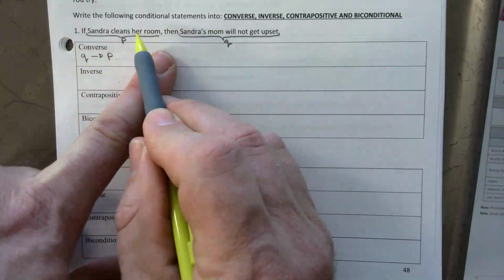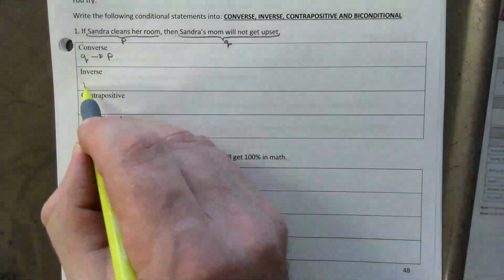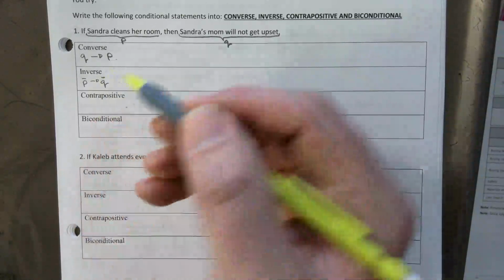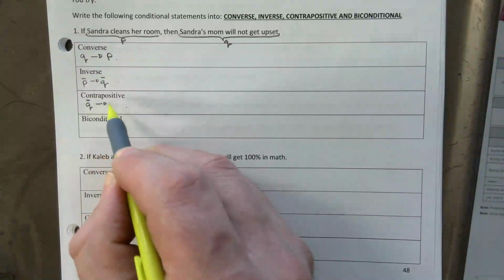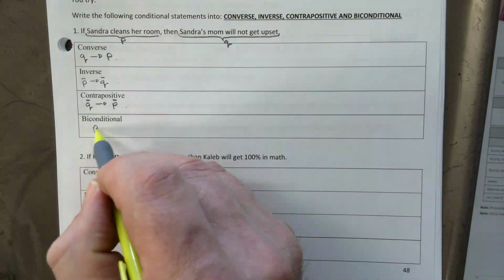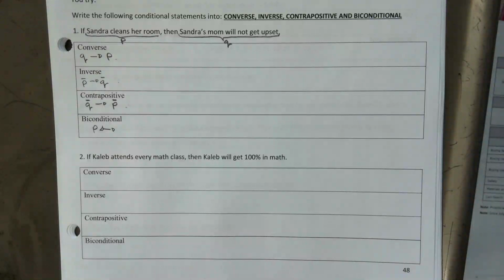Right? You're basically flipping that original statement. Inverse, you say not P, then not Q. Contrapositive, not Q, then not P. And biconditional, you insert if and only if into your statement. So give it a try. I'll look for the key and put it up so you can check right away.